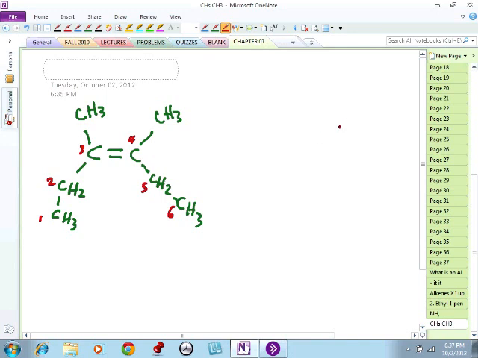In other words, this here. The double bond will always be position 1 and 2. But in the long chain, the position of the double bond will have to be the lowest possible number. Okay, so now, what will be the name of this here?